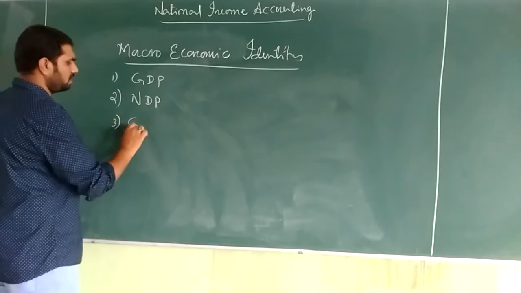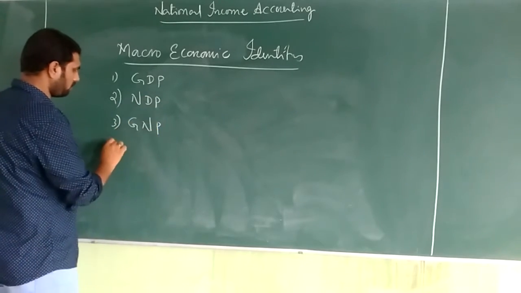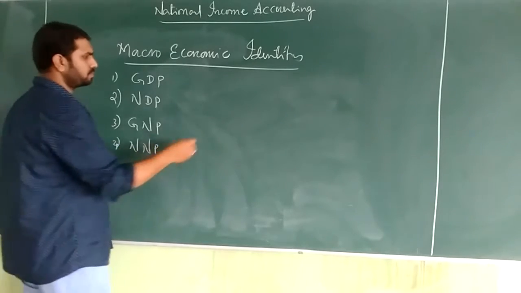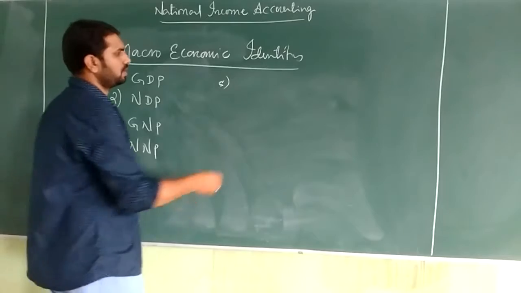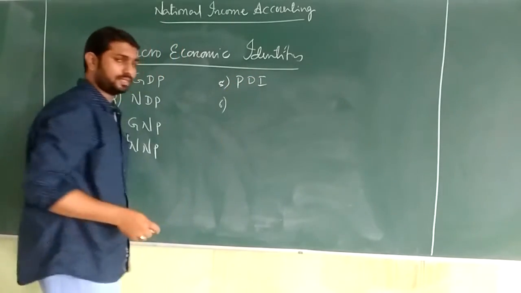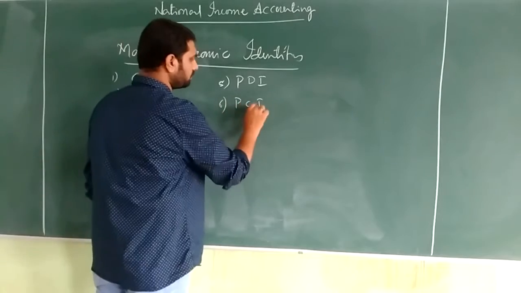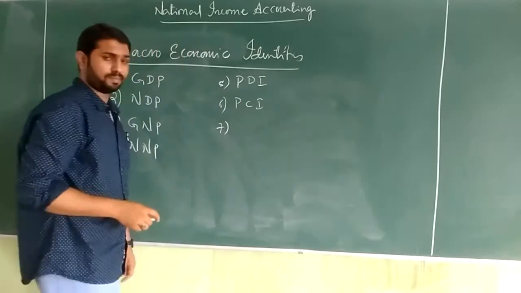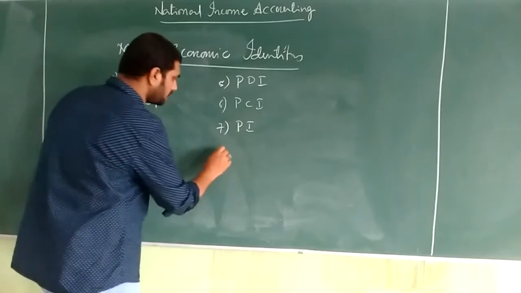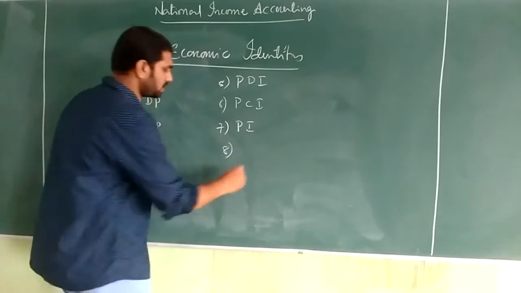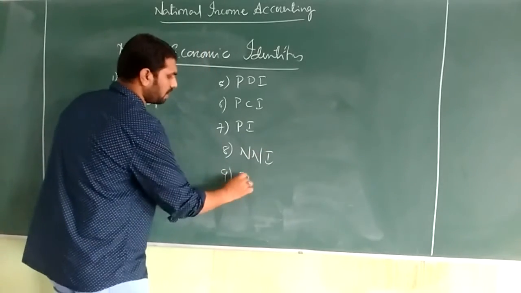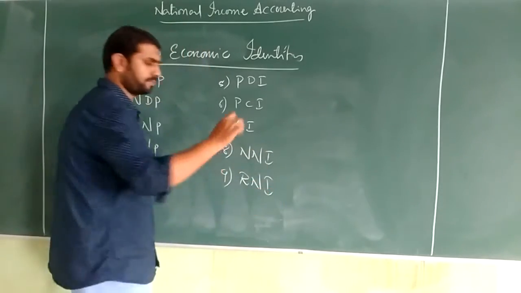Third one, GNP. Fourth one, NNP. Fifth one, PDI. Sixth one, PCI. Seventh one, PI, which stands for personal income. Then the eighth one is NNI, and the ninth one is RNI.